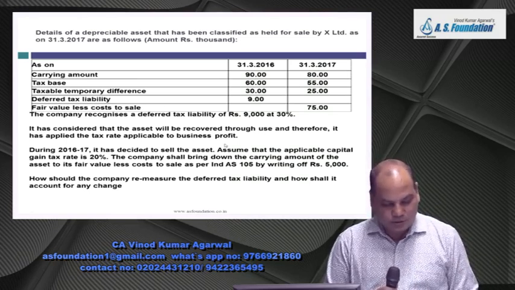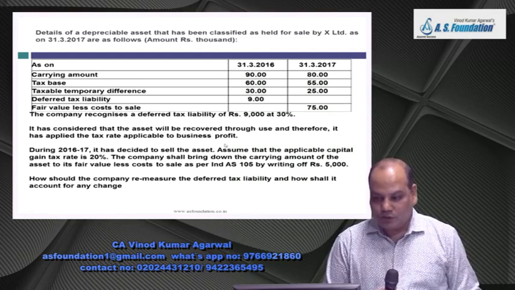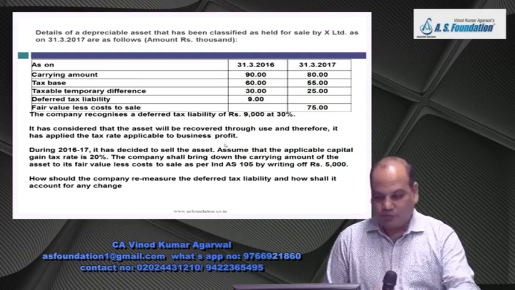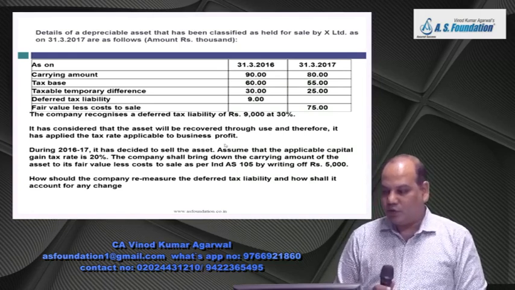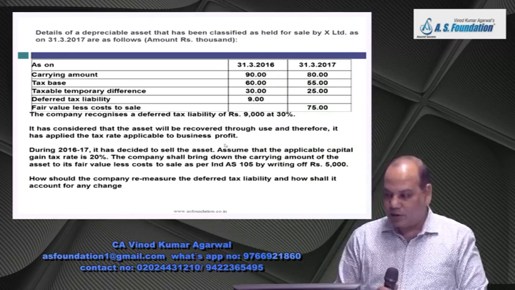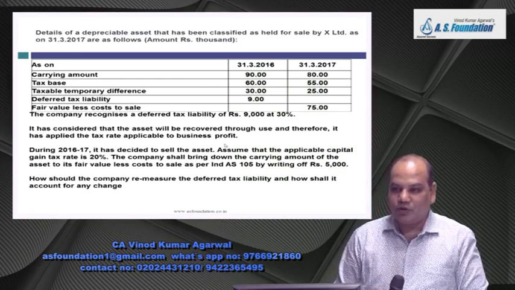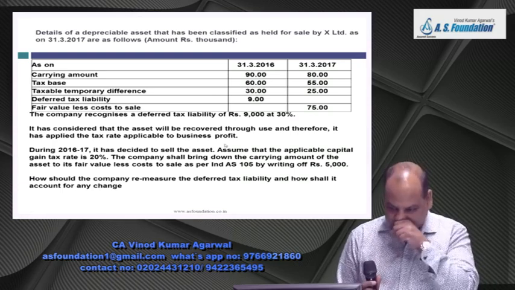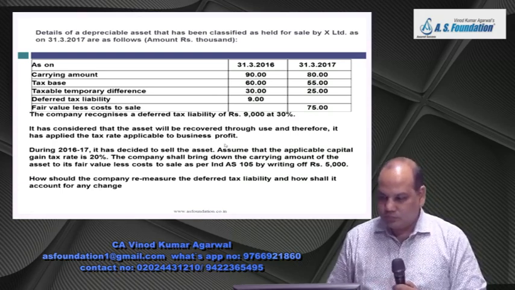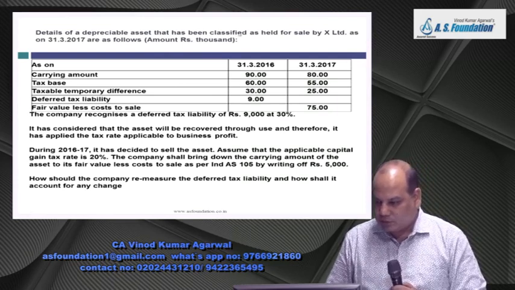Again an important question. Details of a depreciable asset that has been classified as held for sale by X Limited as on 31st March 2017 are as follows. So what is the classification?